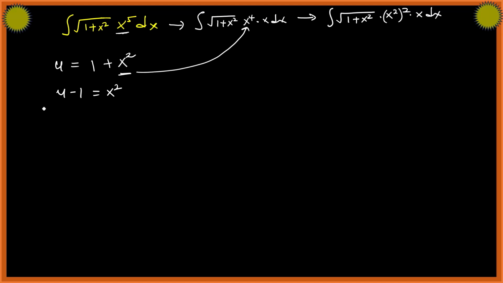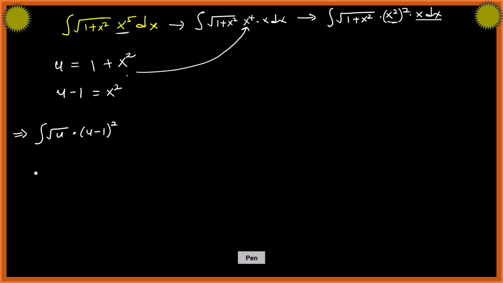So let's do the substitution. Let me start from here. We have integral of u, since 1 plus x squared is u here, times, now we know x squared is u minus 1, so we have u minus 1 all squared, then we have x dx.